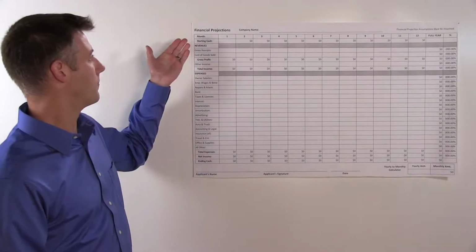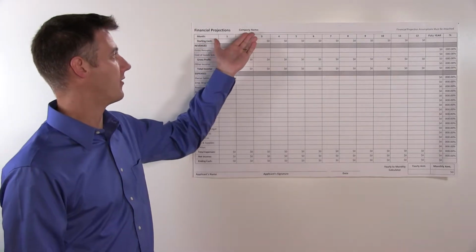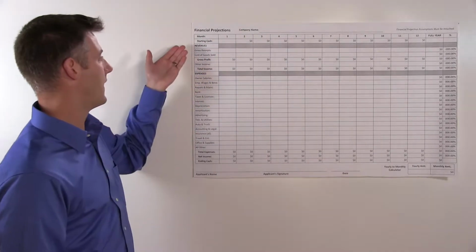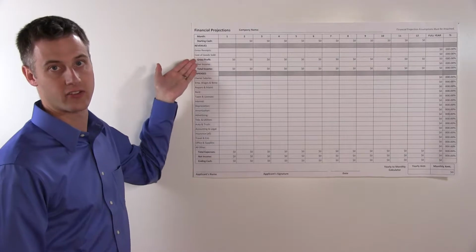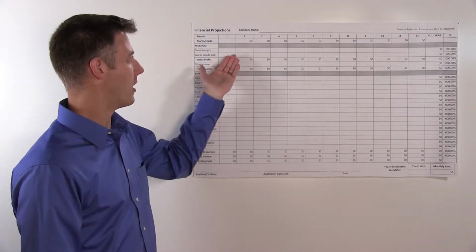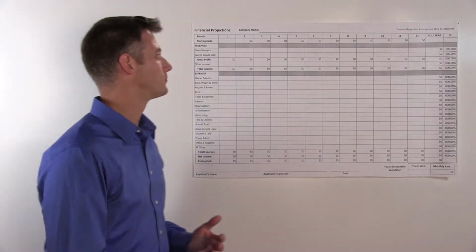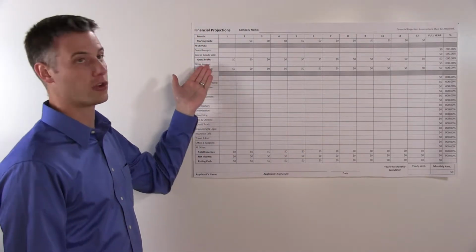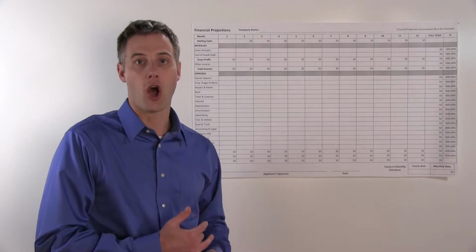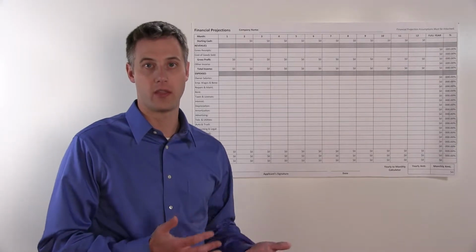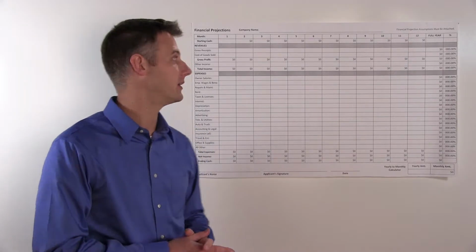So up at the top, you're going to have company name, and then you're going to have gross receipts. This is your gross sales on a monthly basis, the total over here full year. And then your cost of goods sold. And that is how much it costs you to sell the products in the top one.